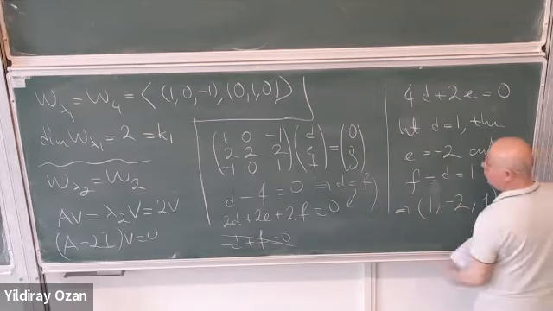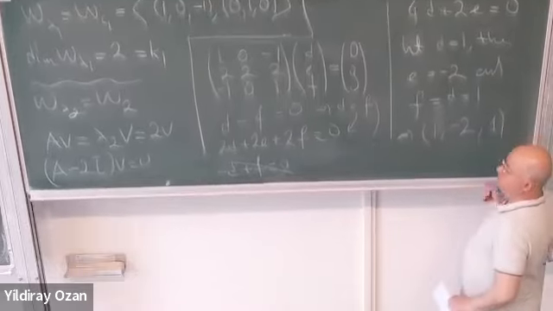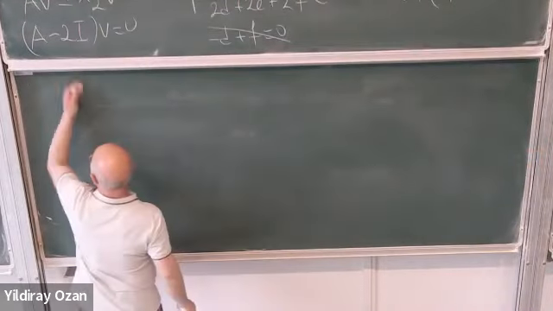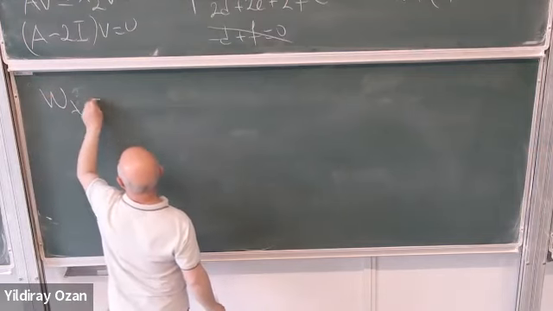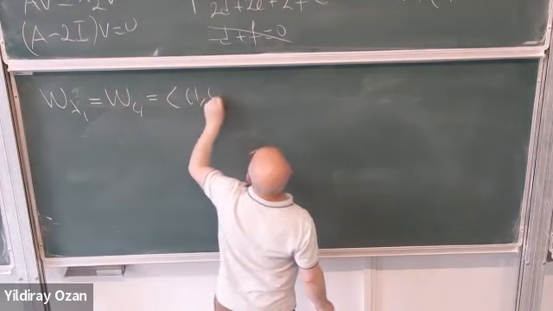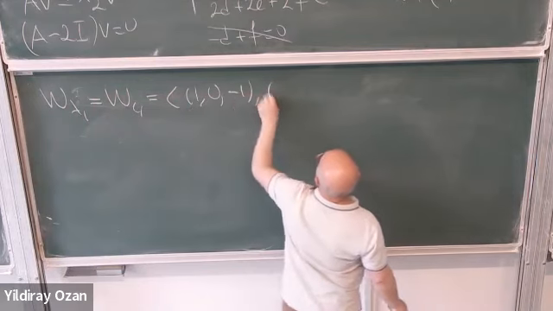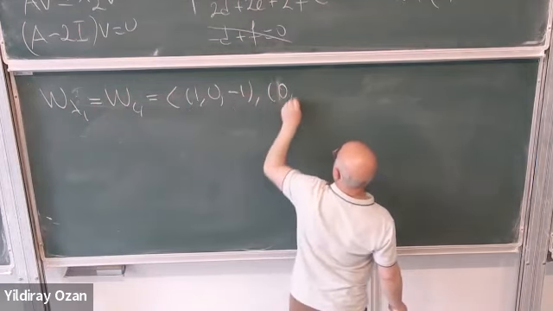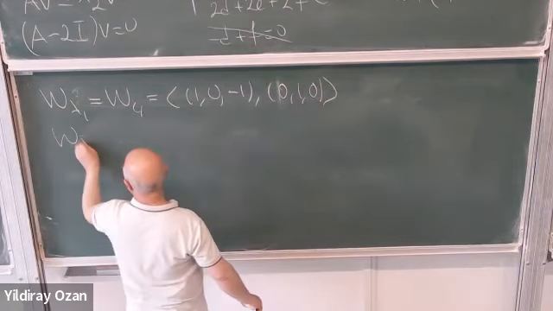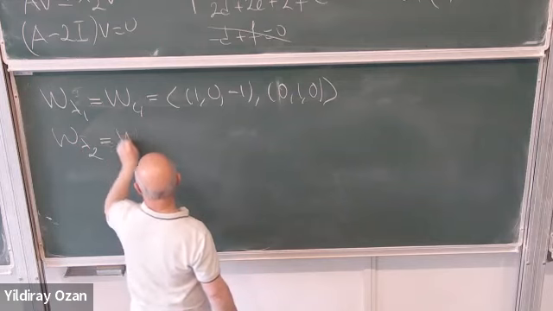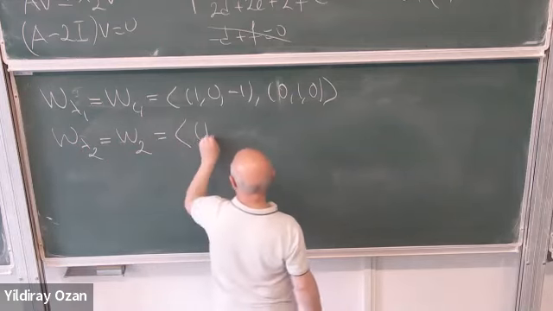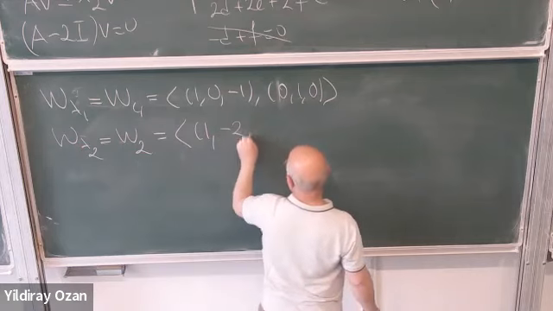So the eigenspace for the eigenvalue lambda 1 is spanned by these eigenvectors. And the eigenspace for the second eigenvalue, which is 2, I have one eigenvector.